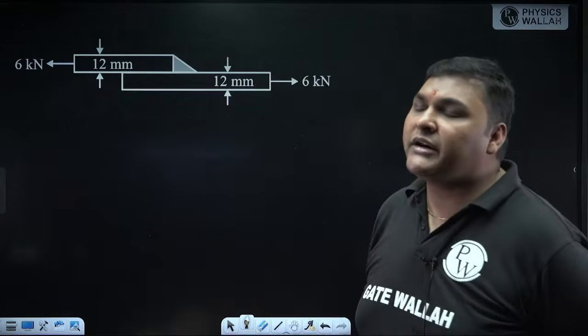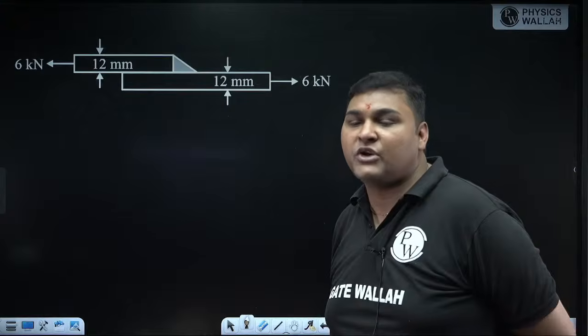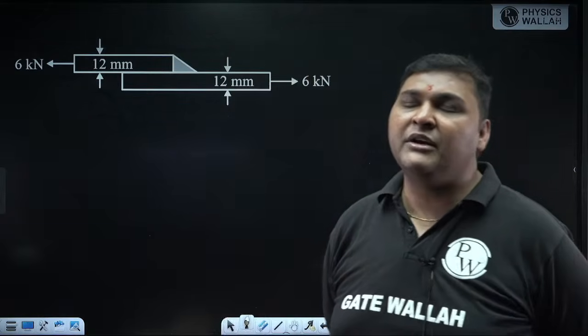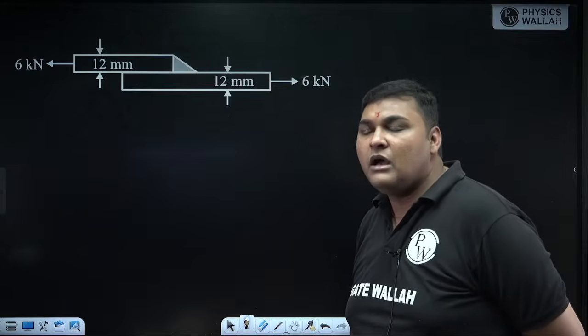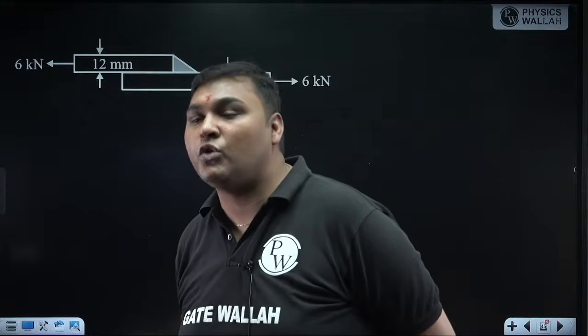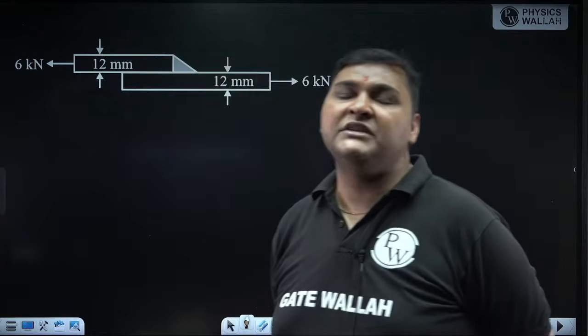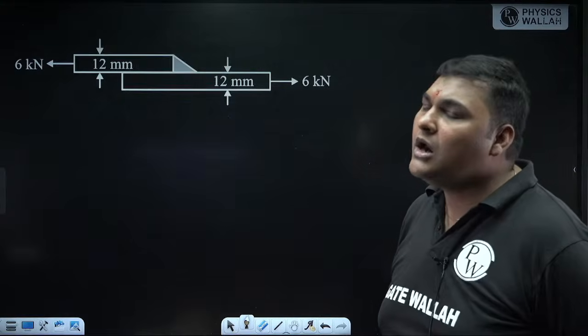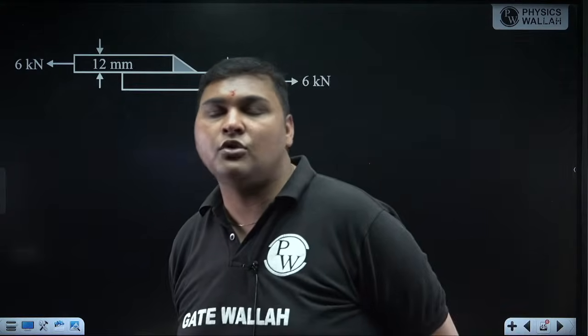The formula to calculate direct normal stress is force upon throat area. It is not actual formula, it is approximate formula. But in weld design, we directly use this formula. Formula to calculate direct shear stress at critical point is also force upon throat area.